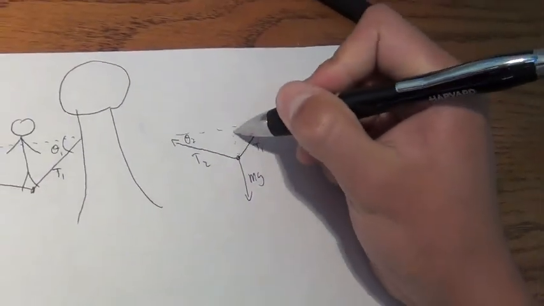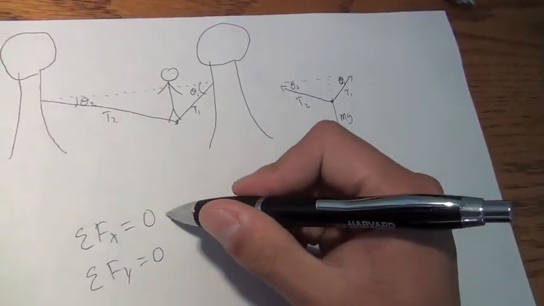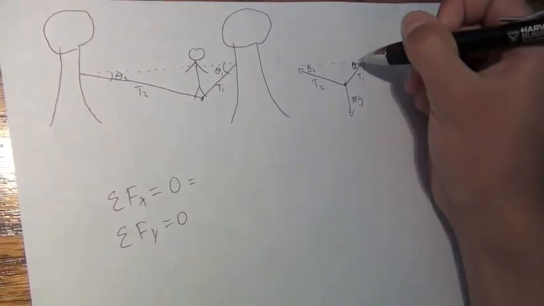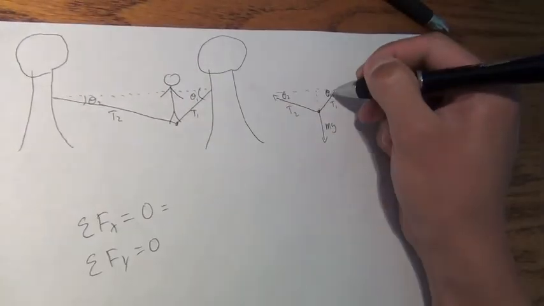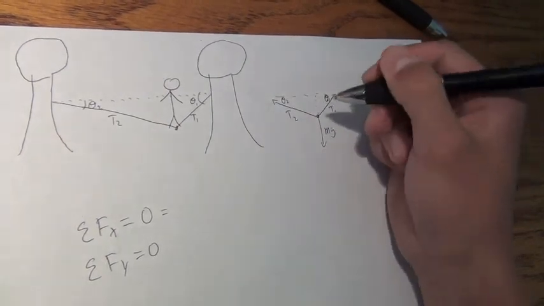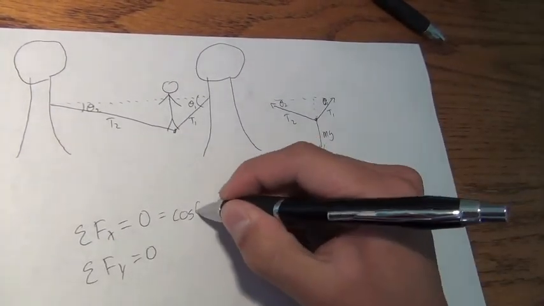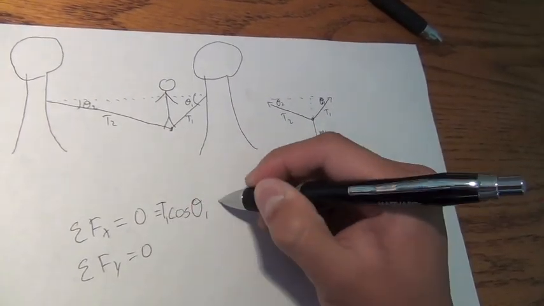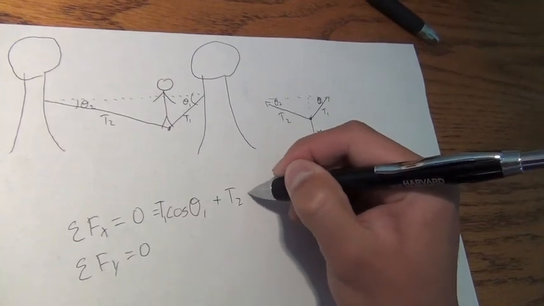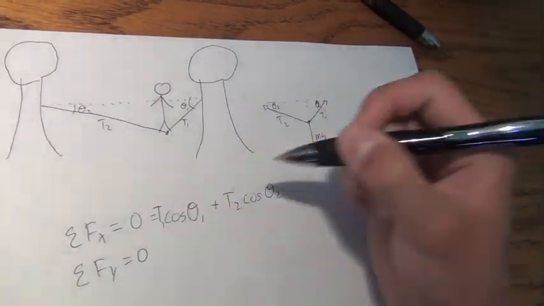So then your sum of the forces in the x direction would be equal to the x component of t1 and the x component of t2 summed up. Then you would have t1 cosine theta 1, plus t2 cosine theta 2, and all this equals 0.